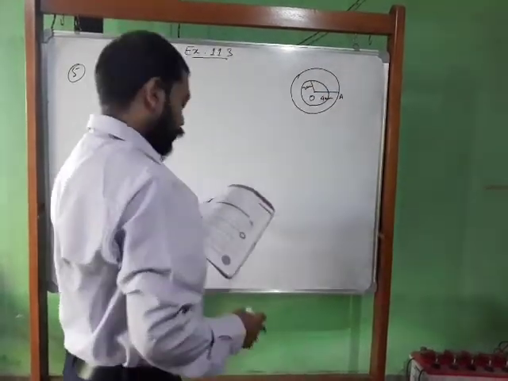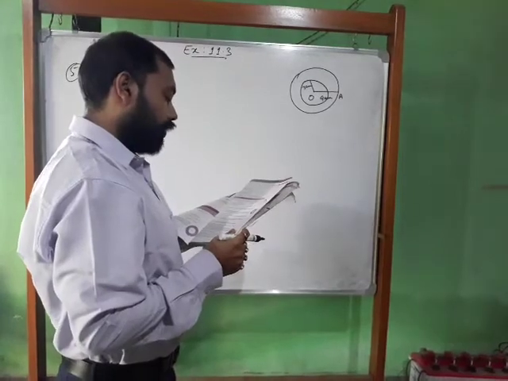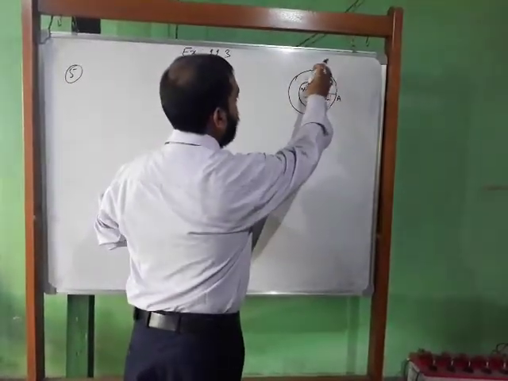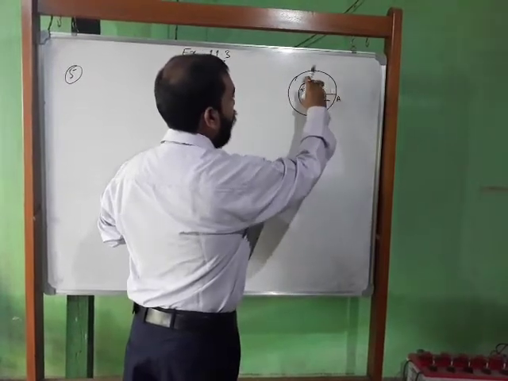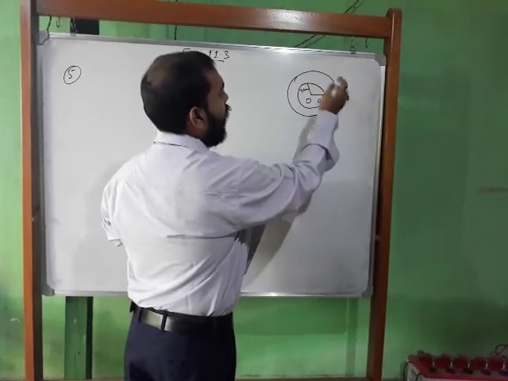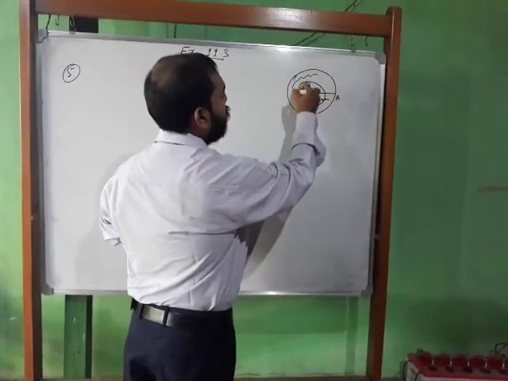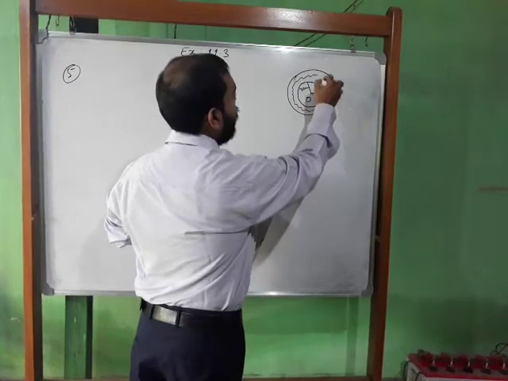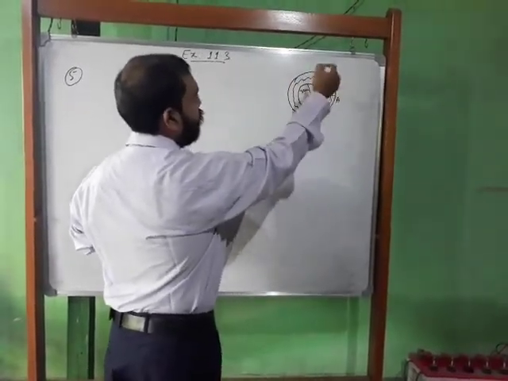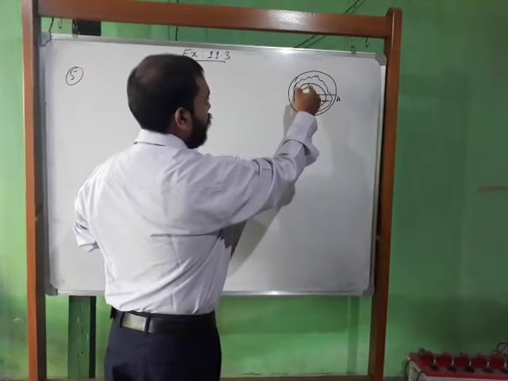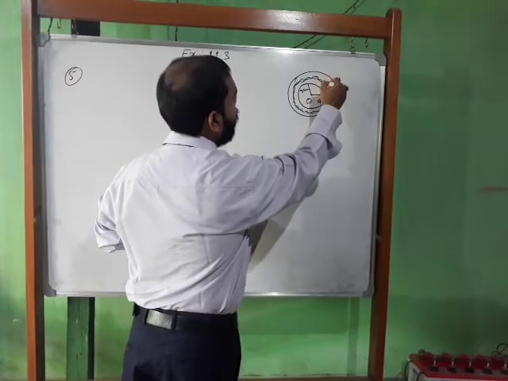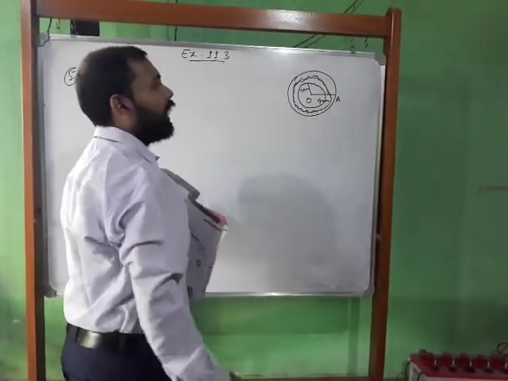Now, what is given in the question is that from a circle of radius 4 centimeter, a circle of radius 3 centimeter is removed. So we have to find the remaining area of the circle. By giving this zigzag line, I am showing that this portion area we have to find out, that is the remaining area of the circle.